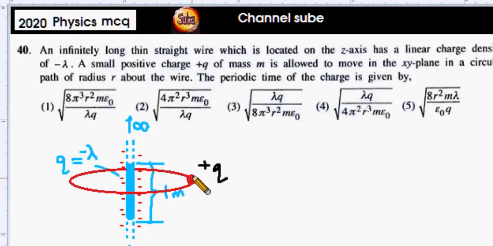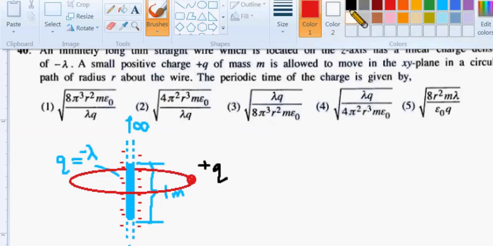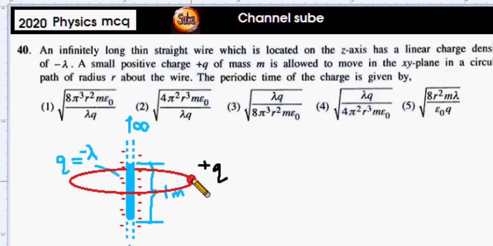So it has a velocity, otherwise it can't move. Say the direction of velocity is this way, like that it moves. The mass is m, radius r. Here everything is given in symbols.